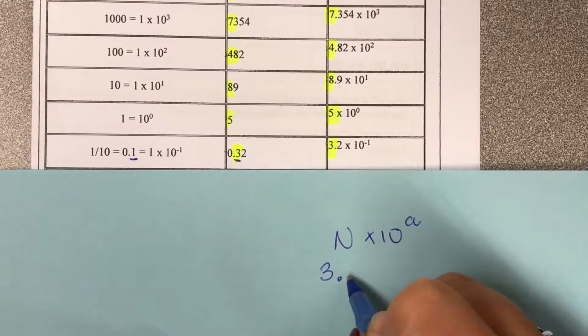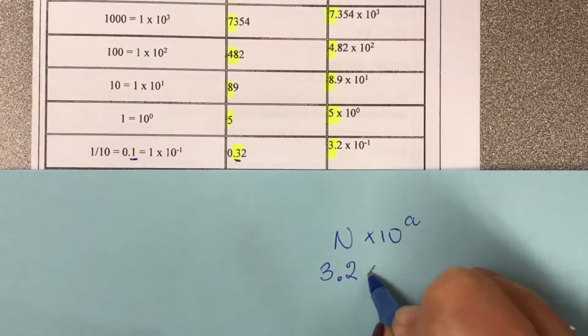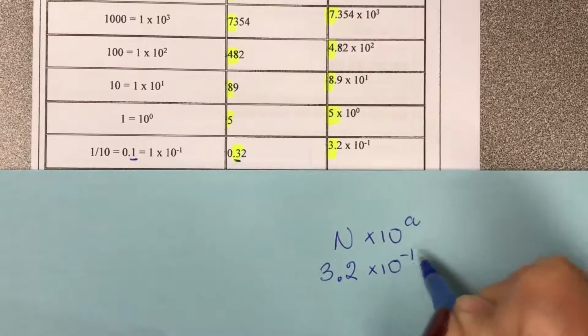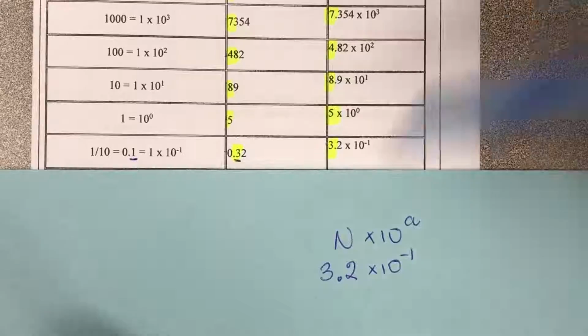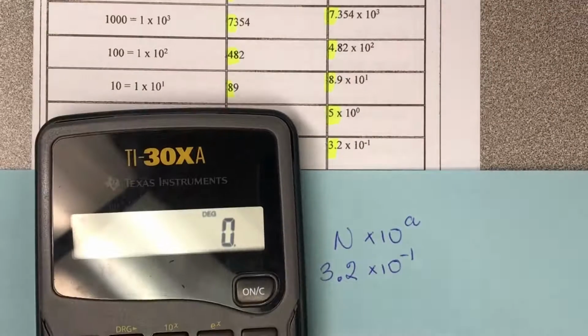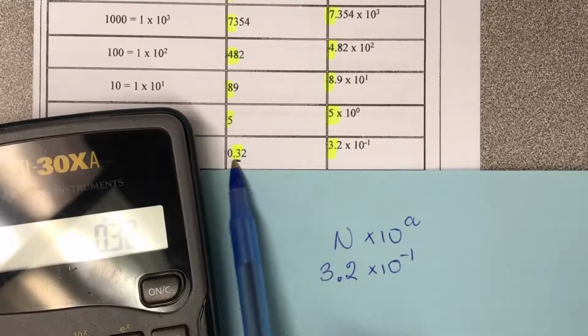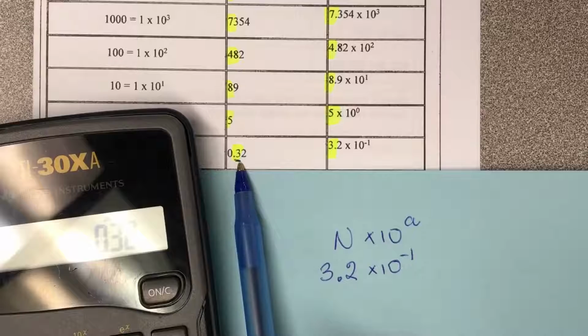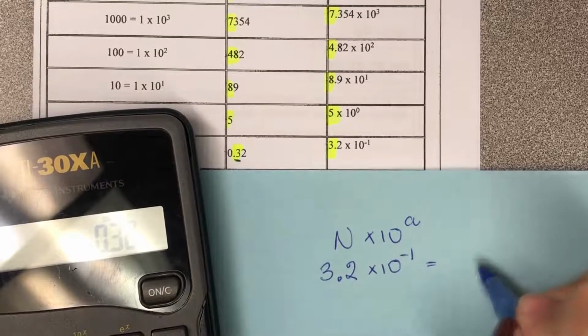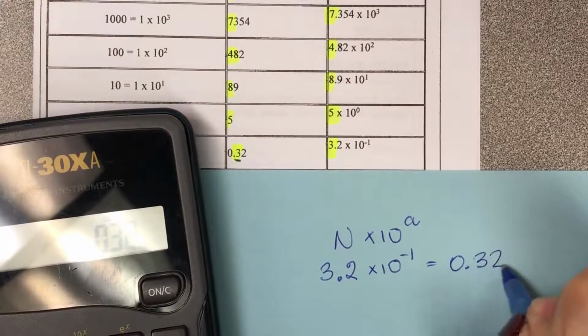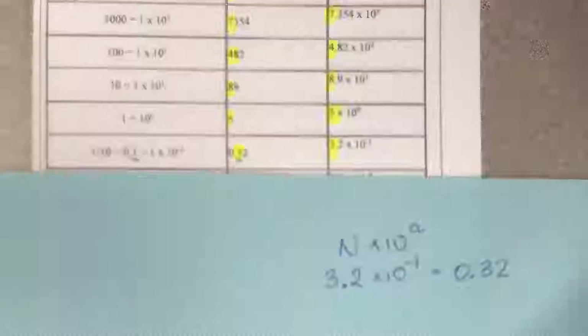That is your significant digit, 3.2, and then multiplied by 10 to the negative 1. If I put that in a calculator, that means 3.2 divided by 10. And that is your original number from my example. So that is the same as 0.32.